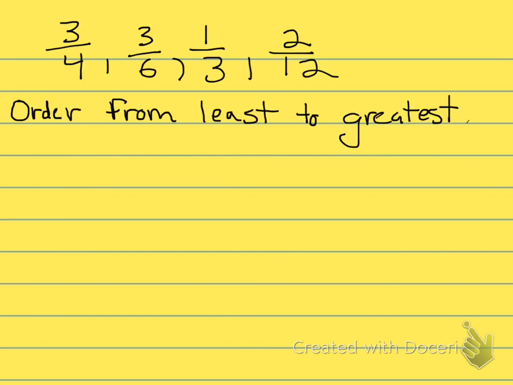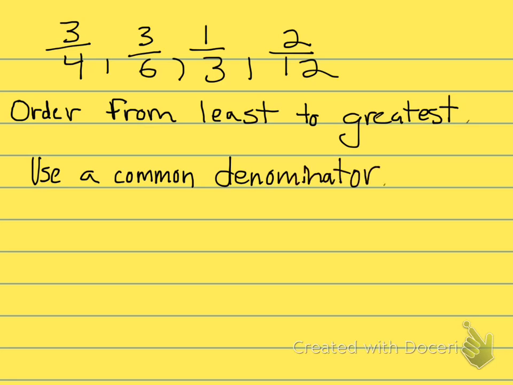Another way that we can order and compare fractions is by using a common denominator. 3/4, 3/6, 1/3, 2/12. Look at the denominator in all of these fractions. Do you notice a common multiple that all of these denominators share?